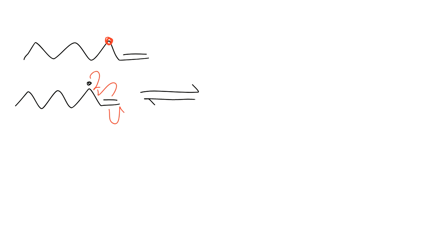That gives us a second possible intermediate. Now our double bond is here, and we have our radical here. So these are our two possibilities.